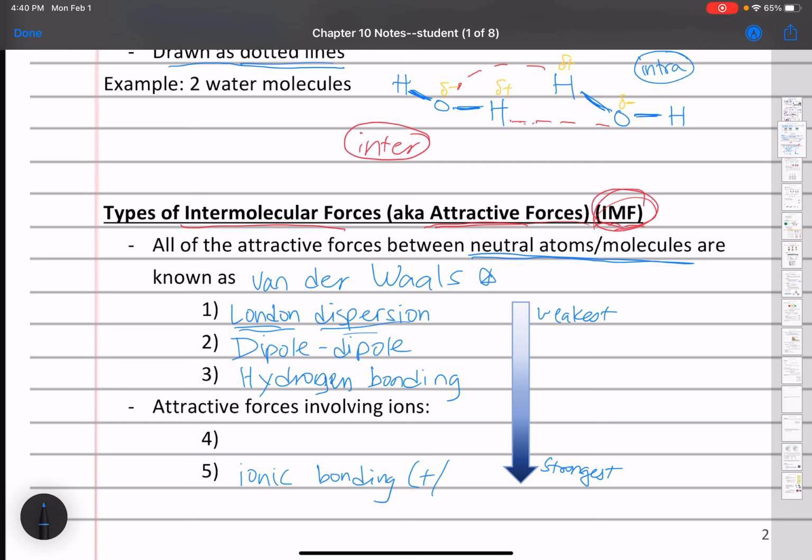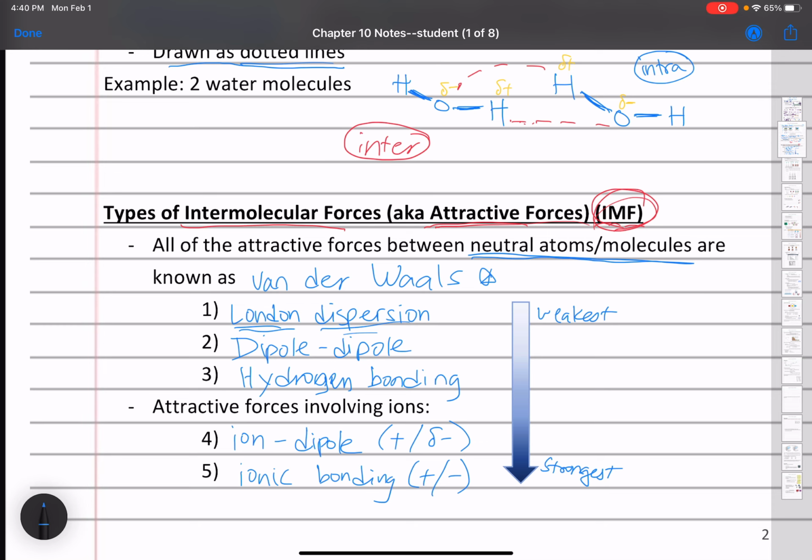That's when you have a full positive and a full negative attracting each other. But another one that you can have is called an ion-dipole attraction. That's when you have an ion, something that's fully charged, that's attracted to a polar molecule that has a partial charge. These are the five different types of intermolecular forces that two molecules can have with each other.